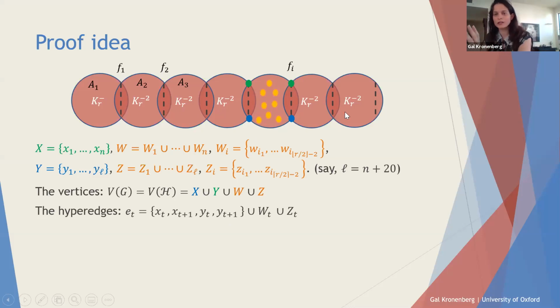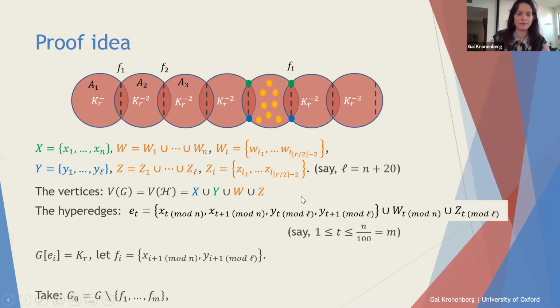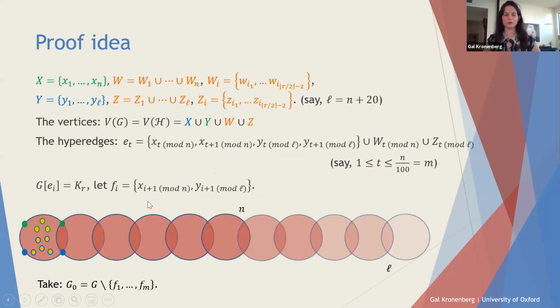So I go over it once, and then I want to repeat the process. So I actually want to take it modulo m here, and modulo l here, so that the chain can intersect itself. Let's see how it looks. Okay, I will show a picture. It will make it clearer.